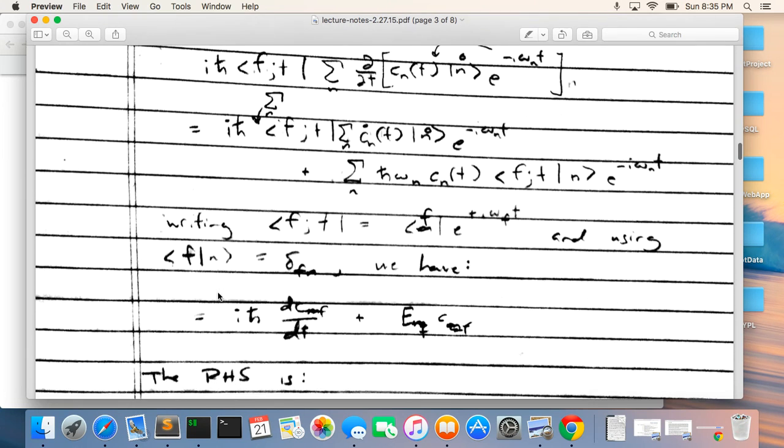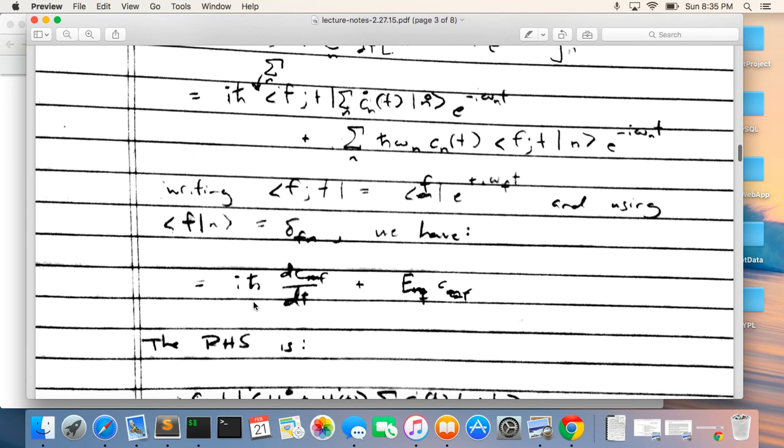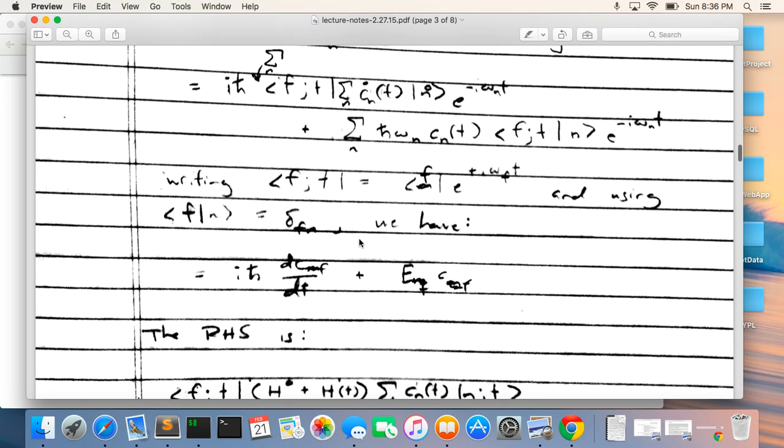And so in the end, the left-hand side just reduces to i h bar times the derivative of C with the subscript F with respect to time, plus the final energy times this coefficient C_F, right? Because I've replaced h bar omega with E_F here. Okay, so you notice that I'm using this Kronecker delta function when I collapse these things to pick out the terms in the sum where n is equal to F.